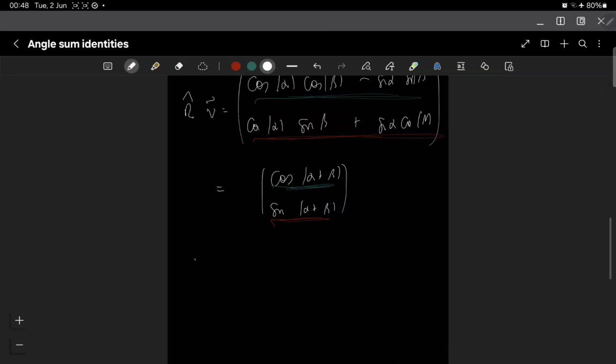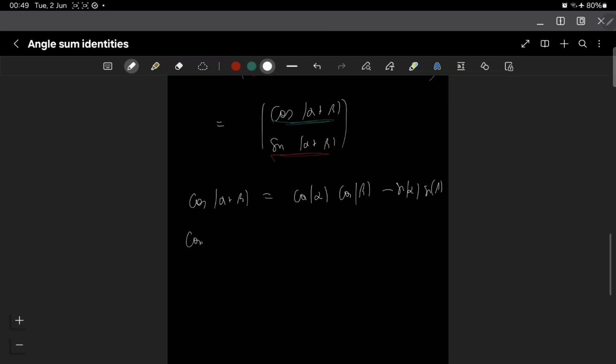So we have cosine alpha plus beta is cosine alpha cosine beta minus sine alpha times sine beta. And if I now want to know cosine alpha minus beta, then all I have to do is take this identity and substitute beta with minus beta.